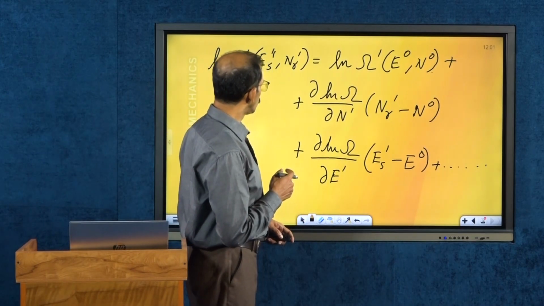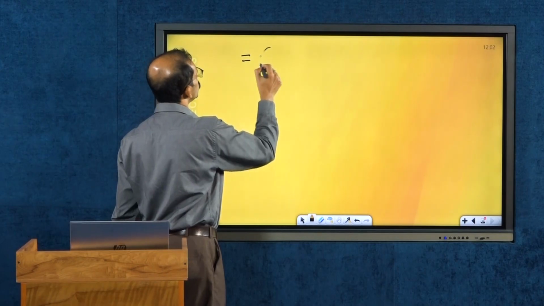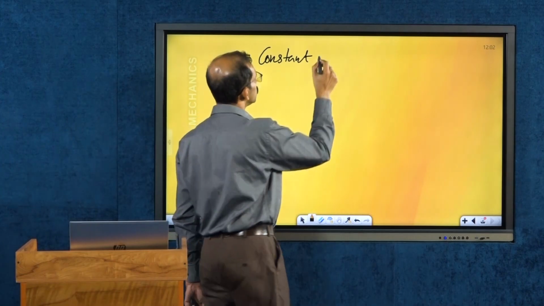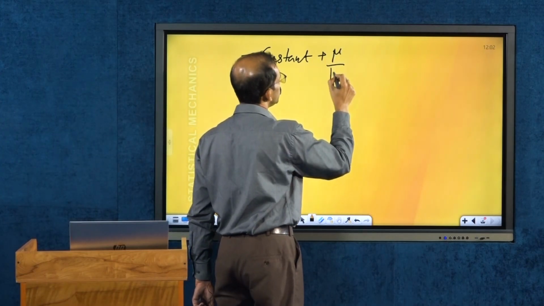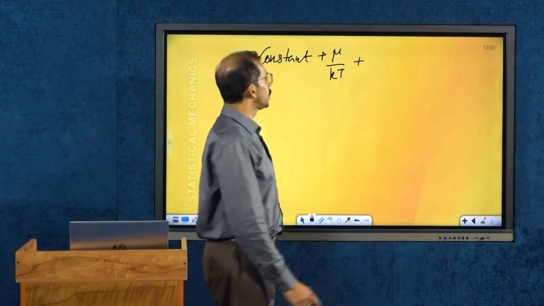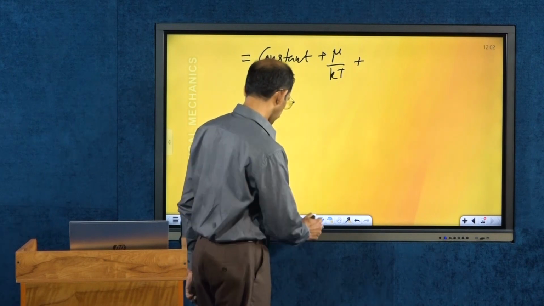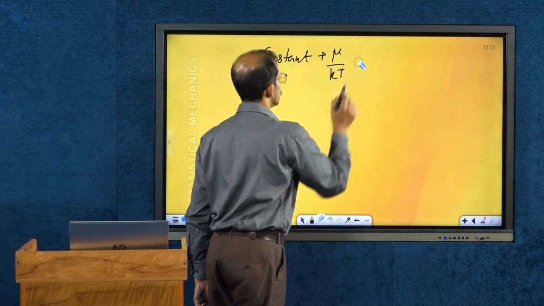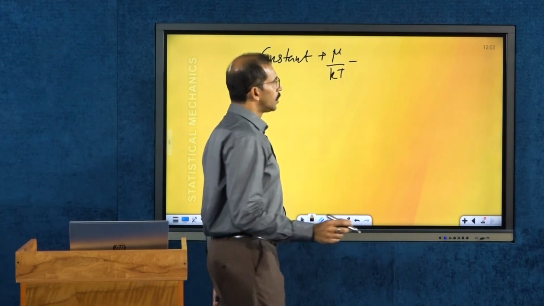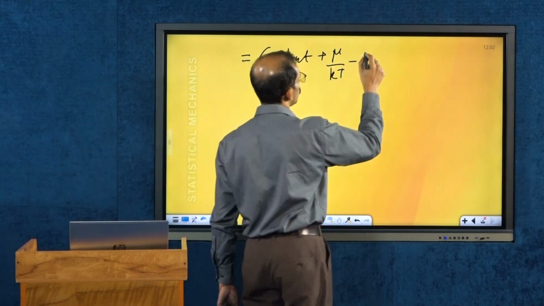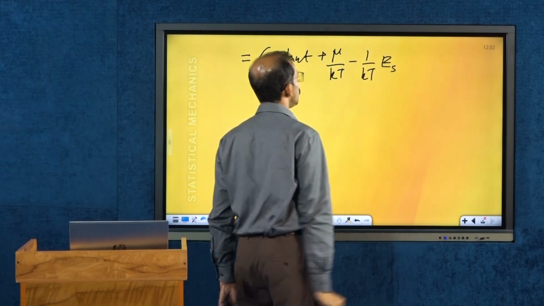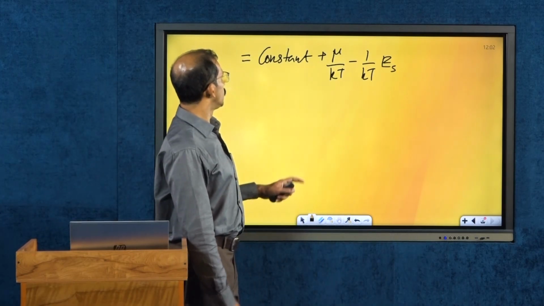Therefore, I can write this as equal to a constant plus mu by kt nr, plus beta is again 1 by kt, that should be minus 1 by kt, right, in terms of the energy, therefore, minus 1 by kt Es.